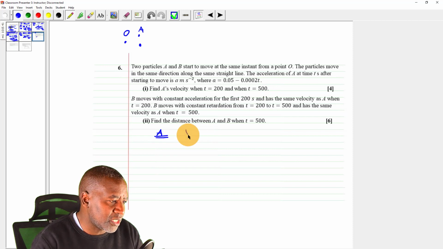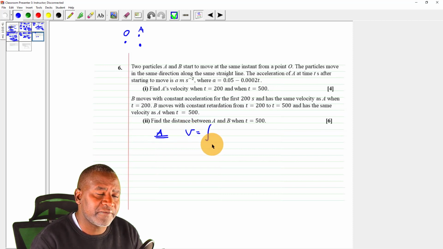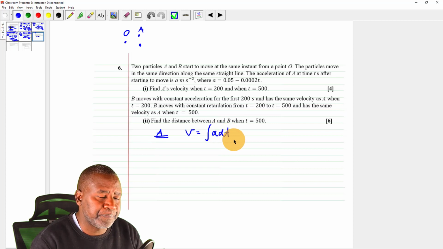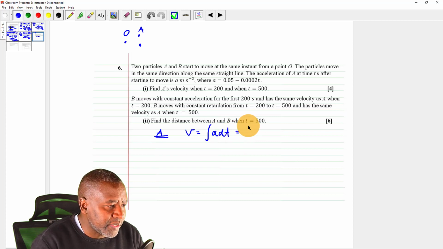That means that the velocity can be obtained by integrating that function with respect to time. So let's do exactly that.